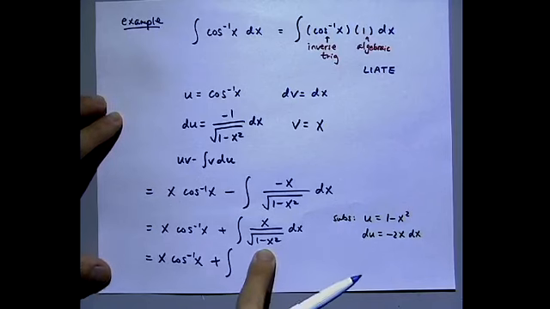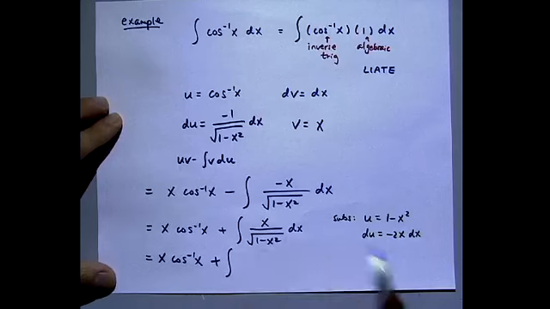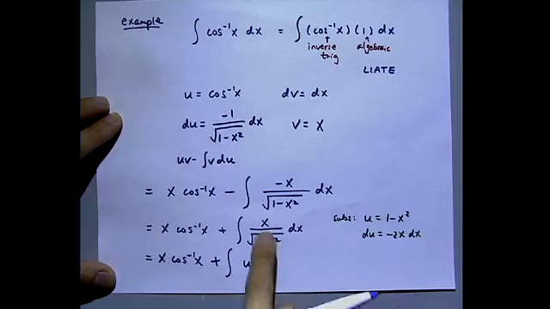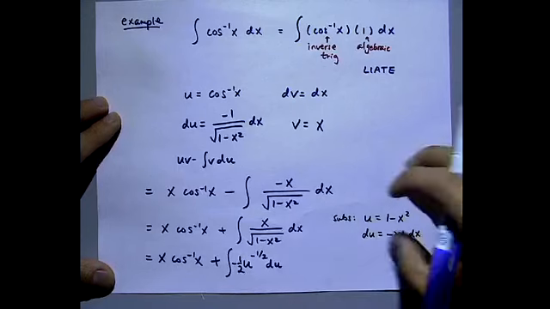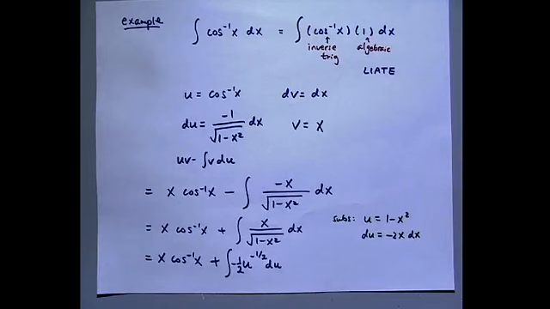All right, so I have u under square root downstairs, which turns into u to the negative 1/2. And then x times dx turns into negative 1/2 du. And now we got a pretty easy integral to finish.